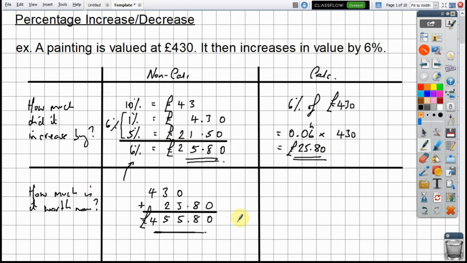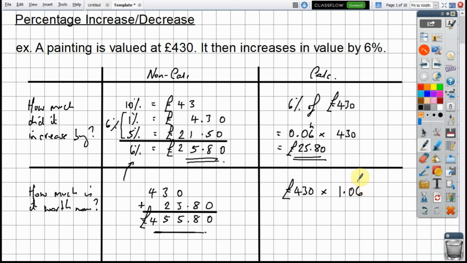How much is it worth now with a calculator? Well, we could, again, just do this: £430 plus this answer. But thinking back to percentage multipliers, the original amount is £430. It's going up by 6%. Now, if the £430 was staying the same, then we would just multiply by 1. But because it's going up by 6%, we want to multiply by a little bit more than 1.